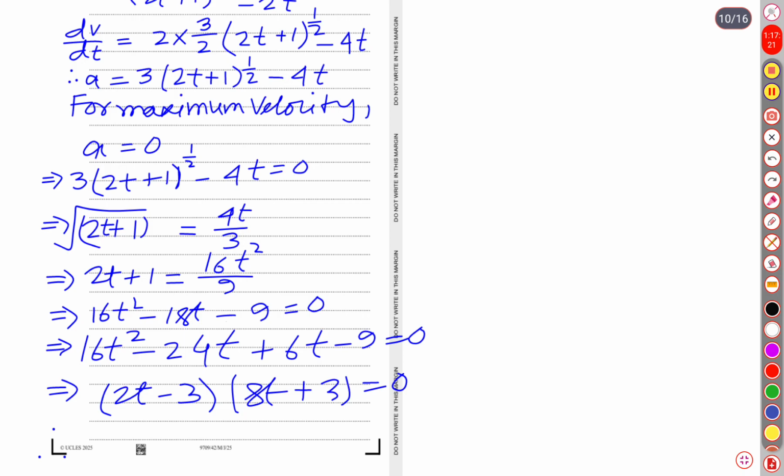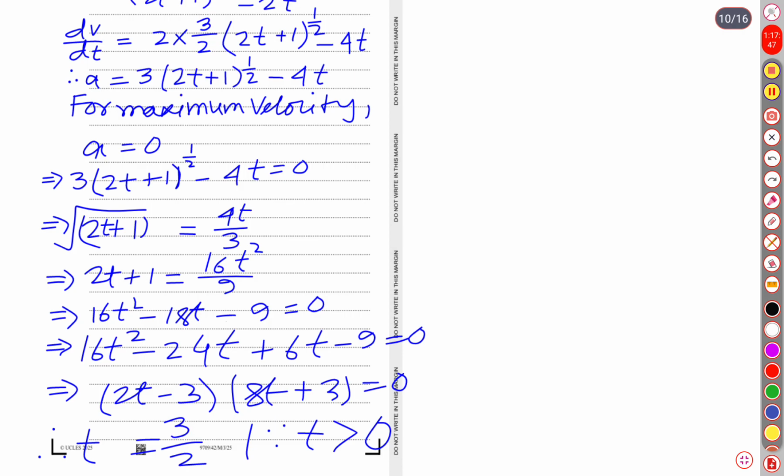Hence t is going to be 3 over 2, since the other factor is rejected because t is greater than 0. So our t is 3 over 2 when the velocity was maximum.